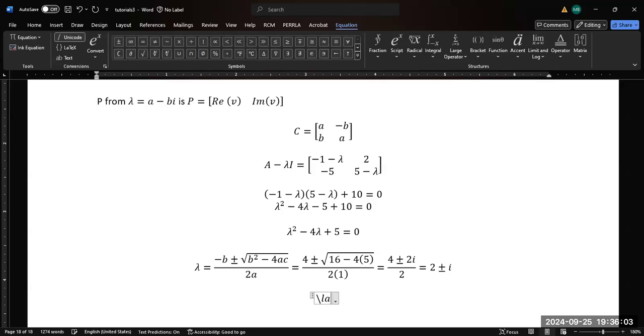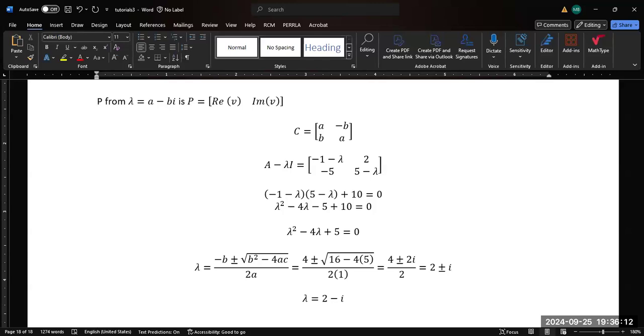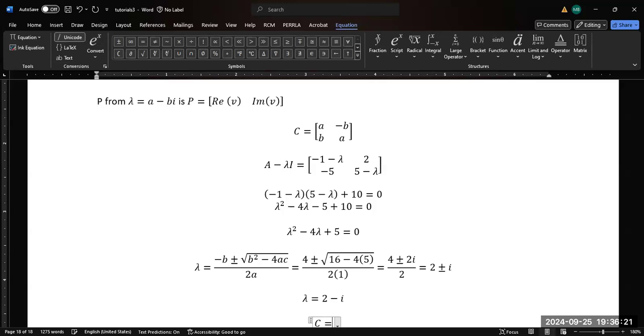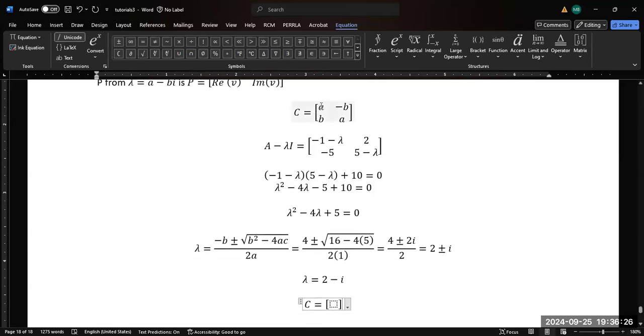So the lambda we want to work with is going to be 2 minus i. And so we need to find the eigenvector that corresponds to that. Let's put together our C matrix since we have what we need for the C matrix already. So a is 2 and b is 1 because the minus sign is part of the version of the eigenvalue that we want.